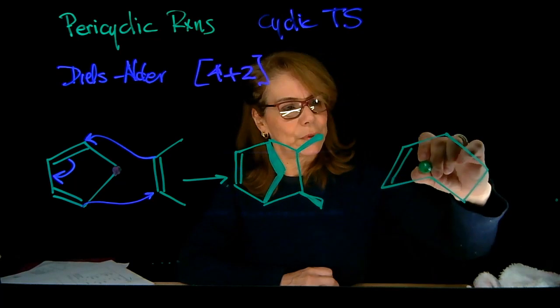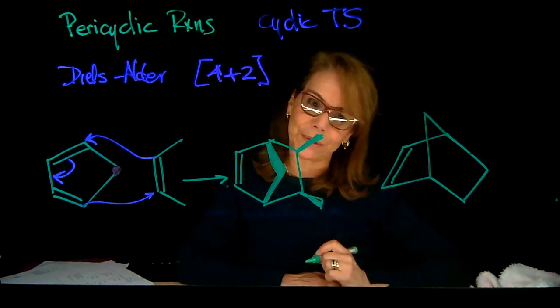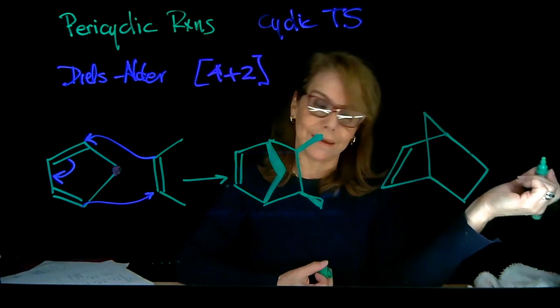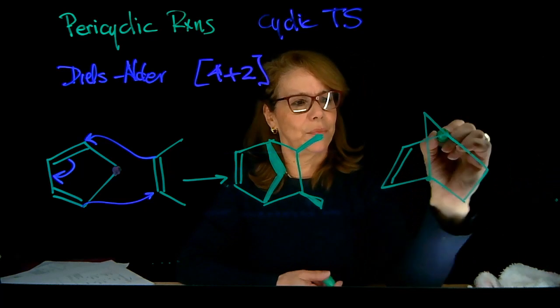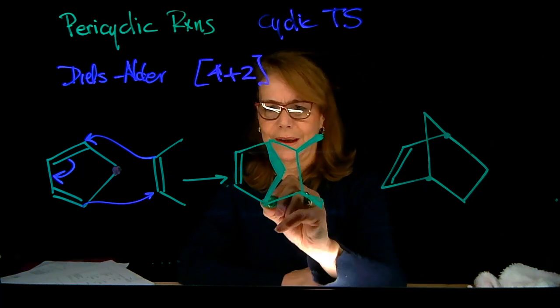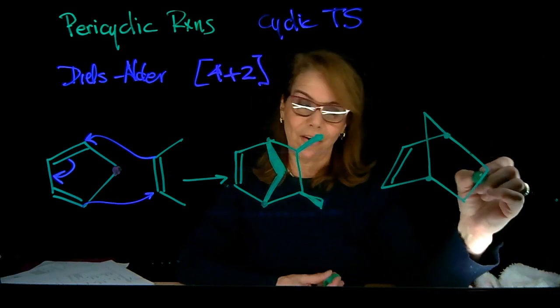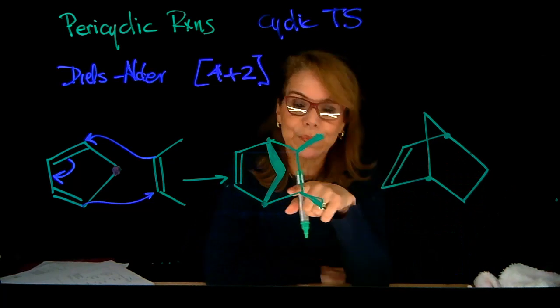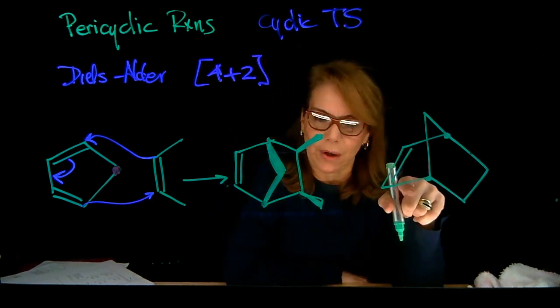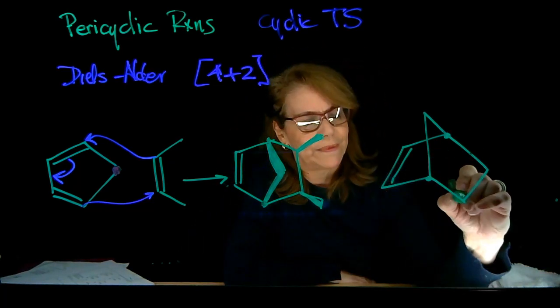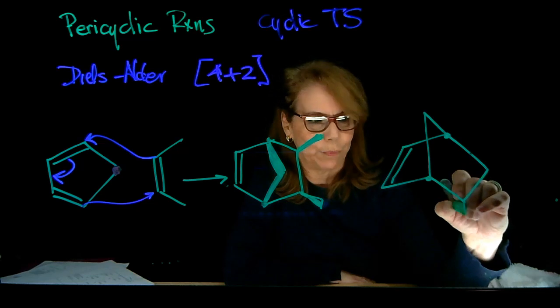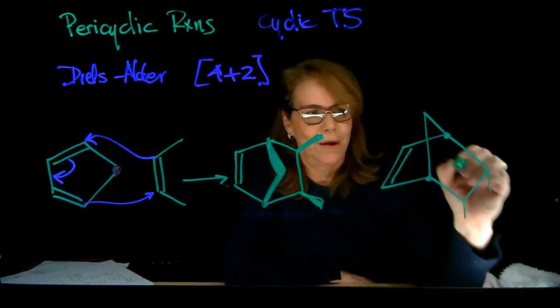Now the bridge I'm going to draw up here, and that is a bicyclic structure. These are my bridgeheads. All I need now is the methyl groups. With that type of drawing, we will have positions pointing downwards or inwards.